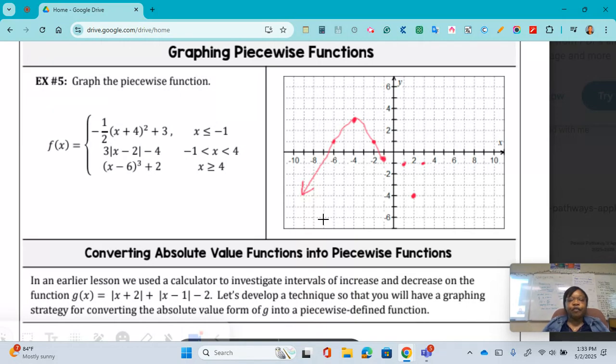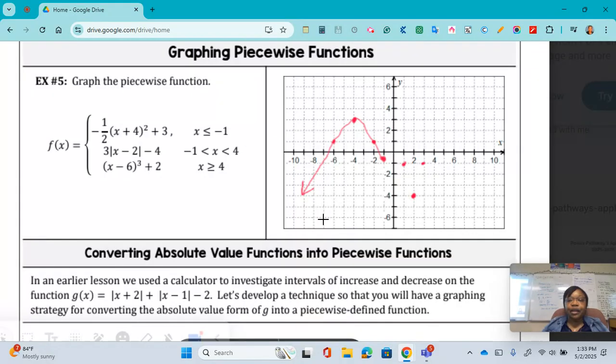Now this is only for x values between what two values? -1 and 4. So when we go up 3, 1, 2, 3 over 1, we still have our x value at 0. Up 3, 1, 2, 3 over 1, we have our x value at -1.